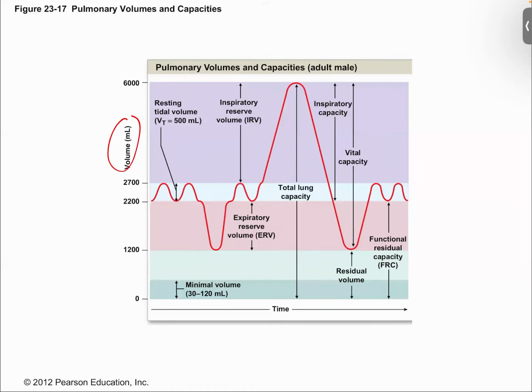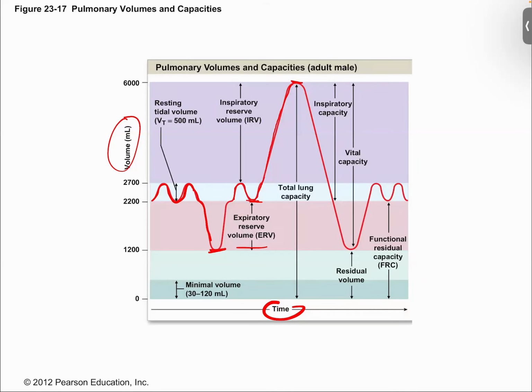So here you can see you've got your volume of air versus time. So here you can see the gentle oscillation of your tidal volume. And then as you breathe out, go all the way down to the bottom of your breath, you've got your ERV. So that's from the trough of your tidal down to the very floor, the bottom of your breath. You go back into tidal. From your trough, you go through your tidal and keep on inhaling all the way up to the very top till you can't go any further.